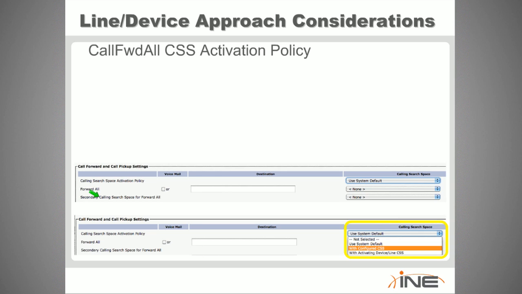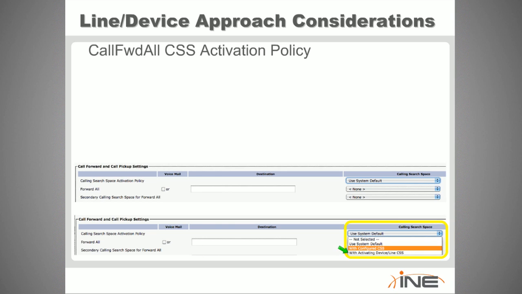So the calling search space activation policy is by default use system default. Or I can say with configured CSS, which is whatever I put here and here or just here. Okay, I can either have just the primary CSS if I want, or I can put both. That's the policy with configured CSS.